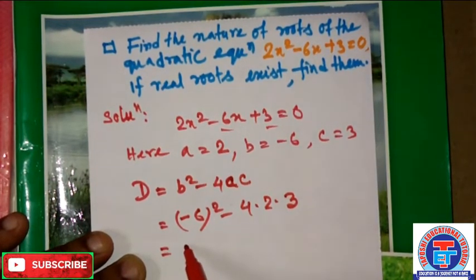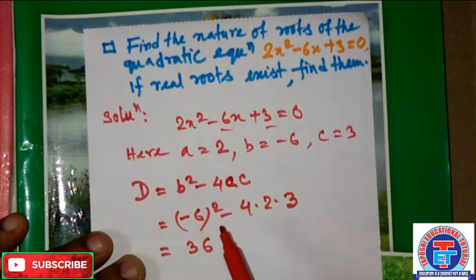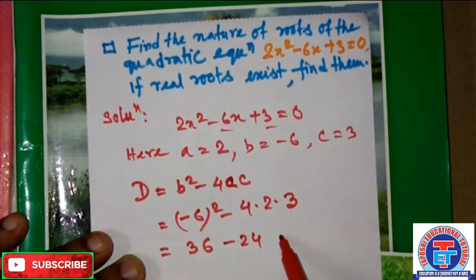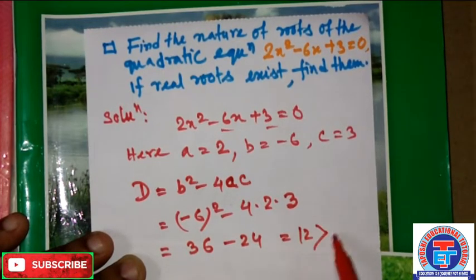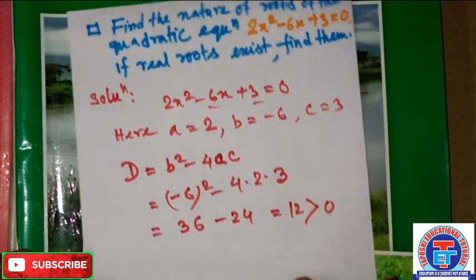It will become 36 minus 24 is equal to 12, greater than 0, right?